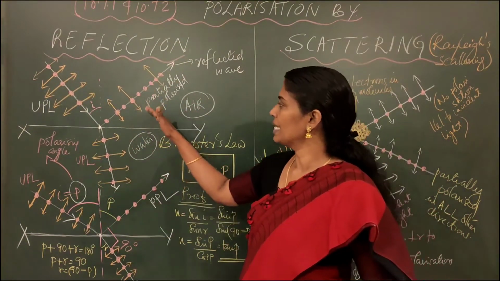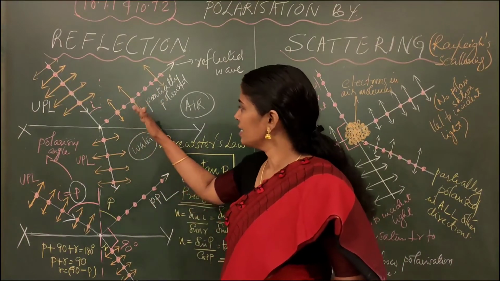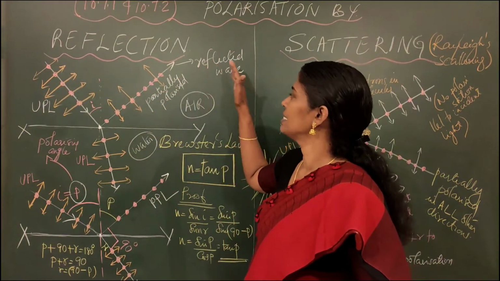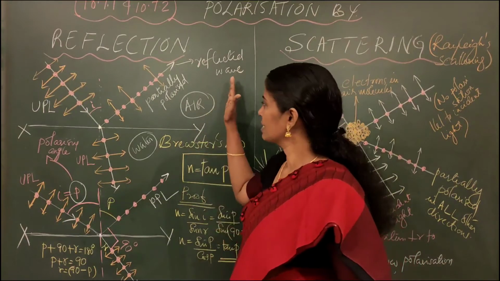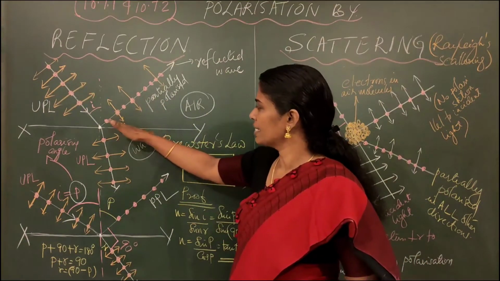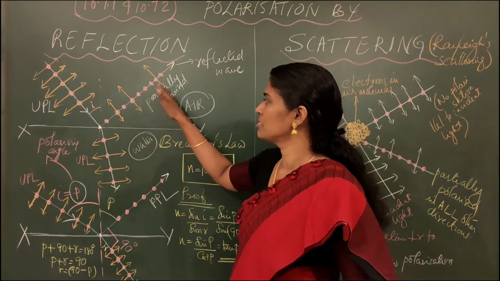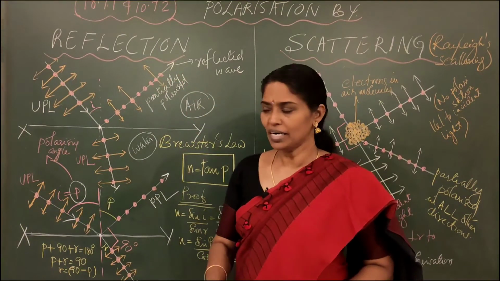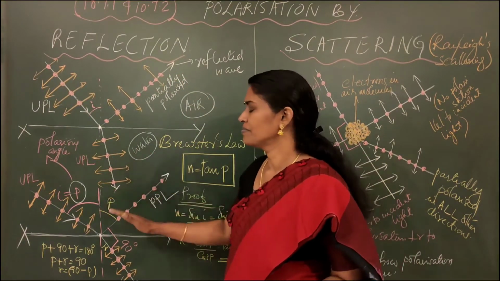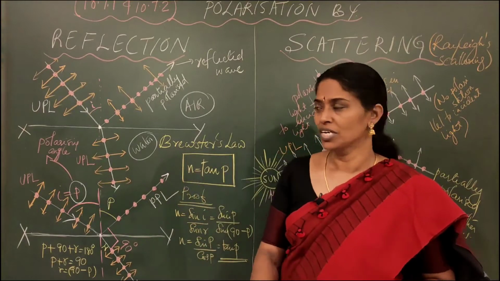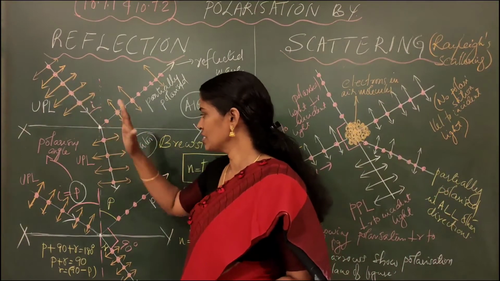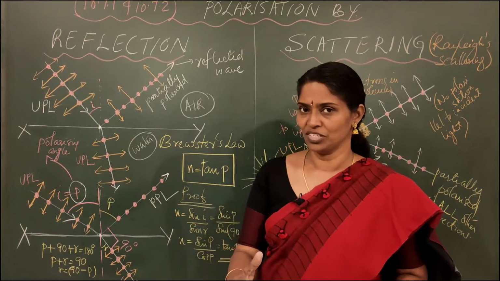But if you look at it, you can see that here the partially polarized light is the reflected wave. The reflected wave, you can see at times it is polarized, but at times it is not polarized. But the refracted light is fully unpolarized. So the incident light is unpolarized, the refracted light is unpolarized.